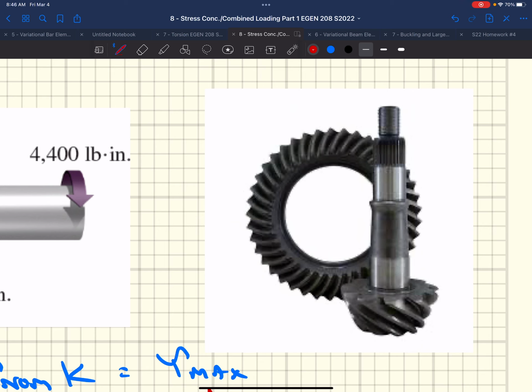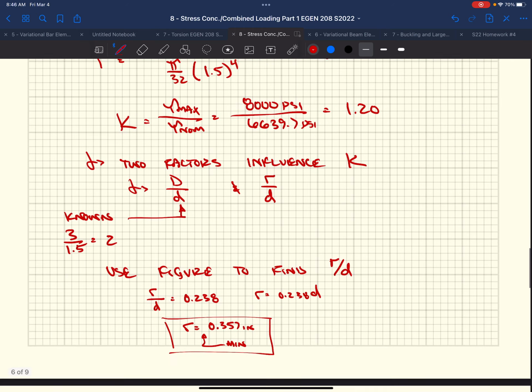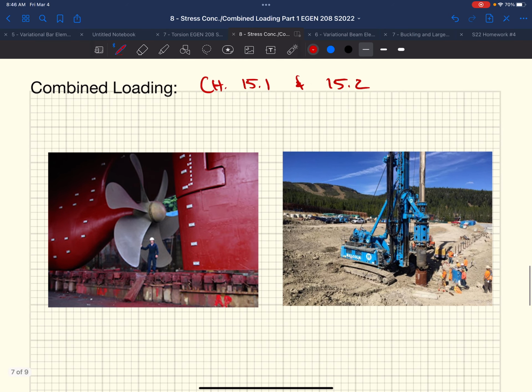So we end up with a bearing on it, and then we attach a yoke to it to transfer it to the drive shaft, right? And so the real world is a lot more complicated than just saying, oh, we only have axial load in this system, we only have torsion in this shaft. We're going to have torsion, we're going to have axial forces, we're actually going to have bending forces also in a lot of cases.